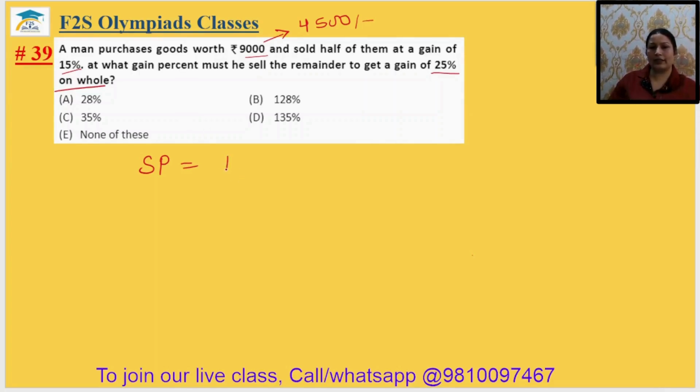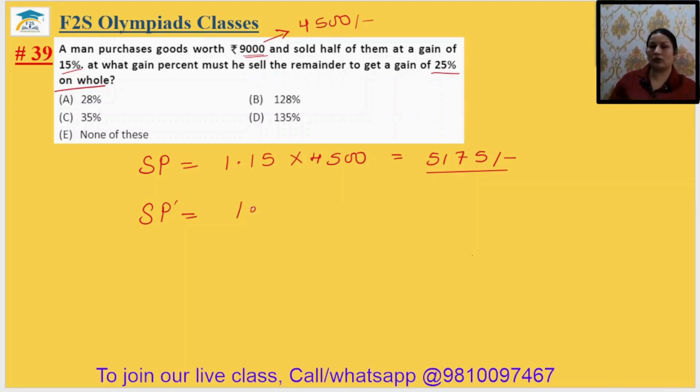So we can just write 1.15, since it is sold at 15%, multiplied by 4500. So this becomes 5175 rupees. He already got this price, but he wants what price at 25%. So SP dash means I will just calculate the total selling price at 25% on rupees 9,000.